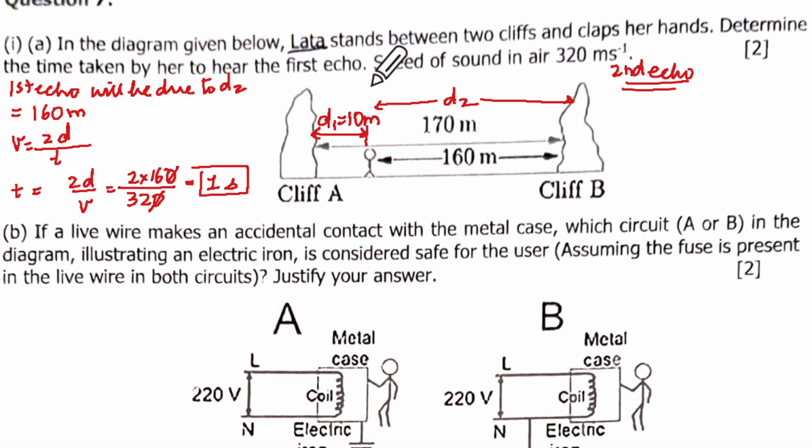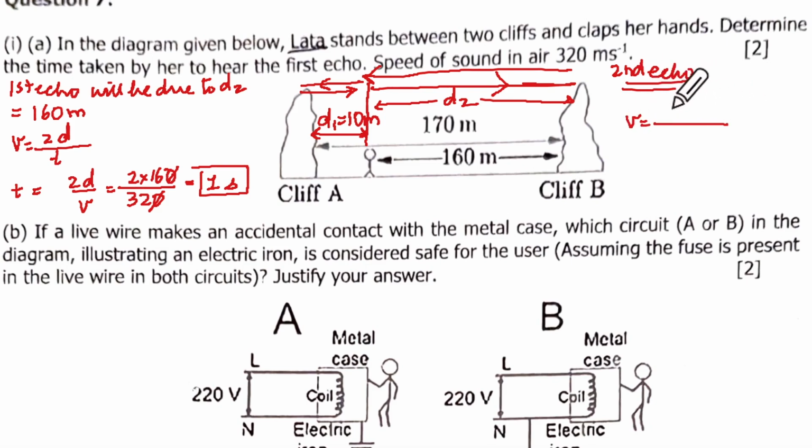Now see, the first sound will go this way, and then it will go this way and come back here. Then it will go this way and come back here. You understanding? 160 plus 170 plus 10. So your total distance will be 340.